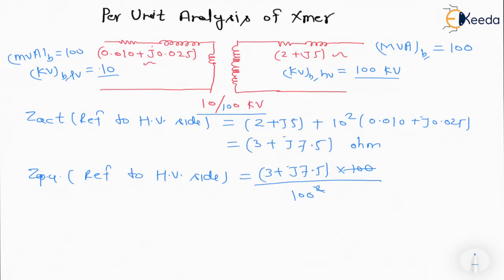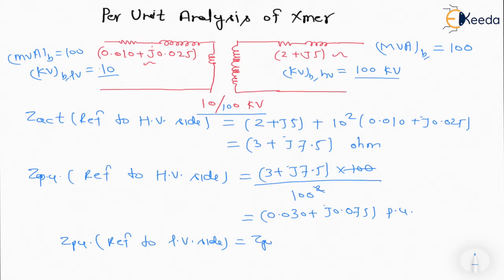The 100 will be cancelled out, and this will become 0.030 plus j0.075 per unit. So what we found is Z pu referred to LV side is equal to Z pu referred to HV side, equal to 0.030 plus j0.075 per unit. So this is all about the impedance.